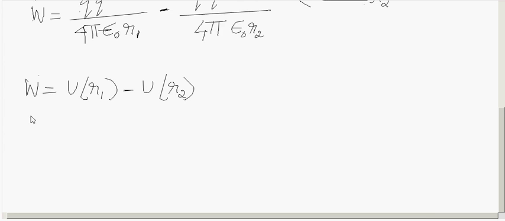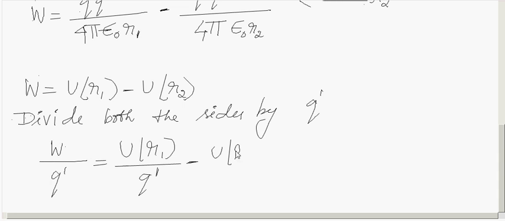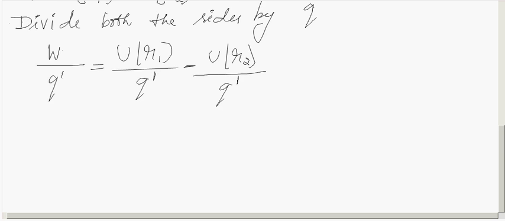Now divide both the sides by Q dash. So W divided by Q dash is equal to U of R1 divided by Q dash minus U of R2 divided by Q dash. And we know U of R1 by Q dash is, by our definition, the potential energy per charge, which is electric potential.